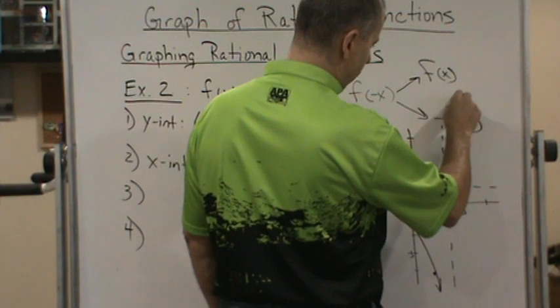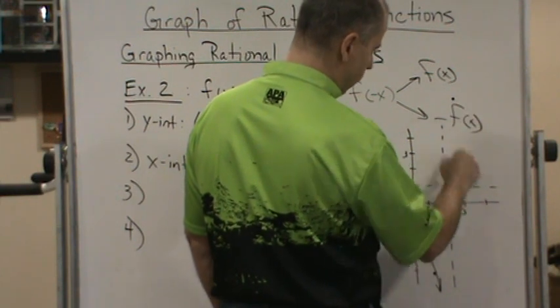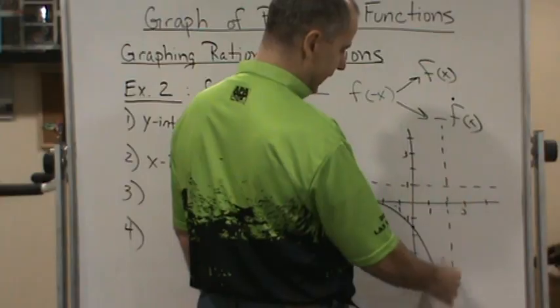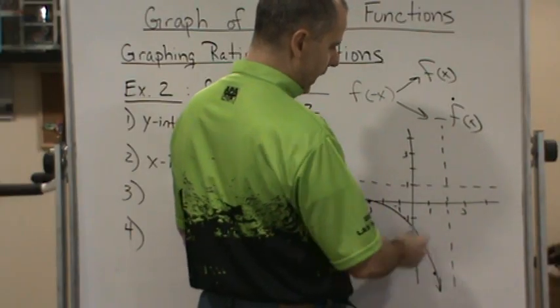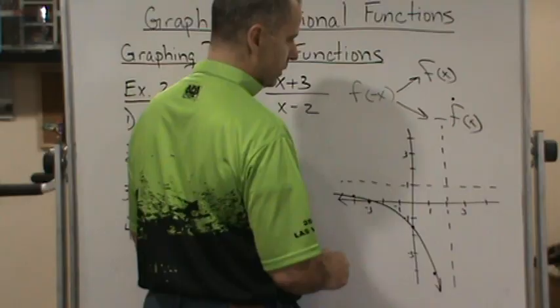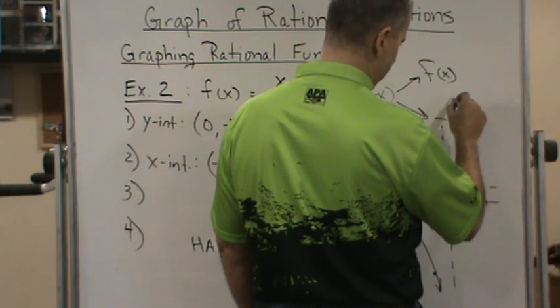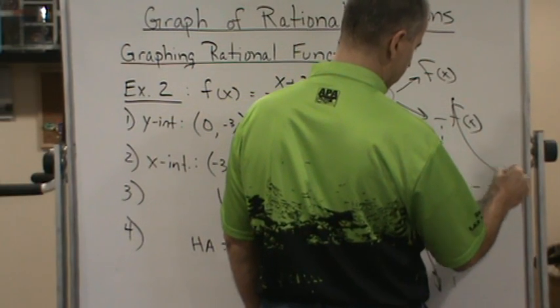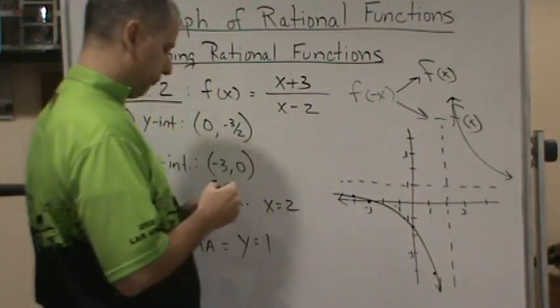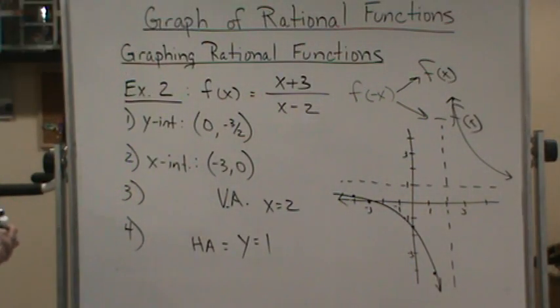So now I know, since it's in this quadrant and it can't cross the vertical asymptote, and we know it doesn't cross the horizontal asymptote, and it's going downward, it's going to do something like this. There we go.